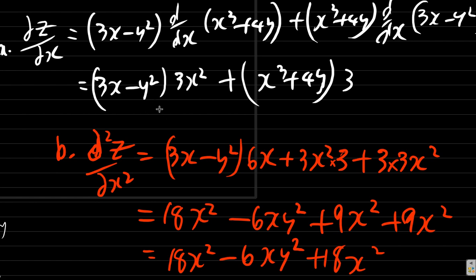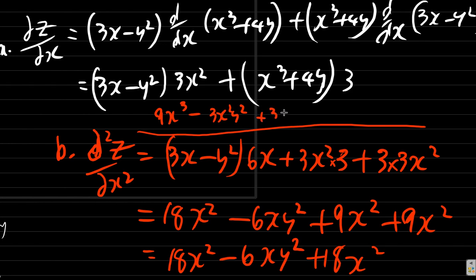If you had done that, what would you get? 3 by 3 is 9x cubed minus, just checking it out here, minus 3x squared y squared, right, plus 3x cubed plus 4 3 is 12y. You probably did it that way.